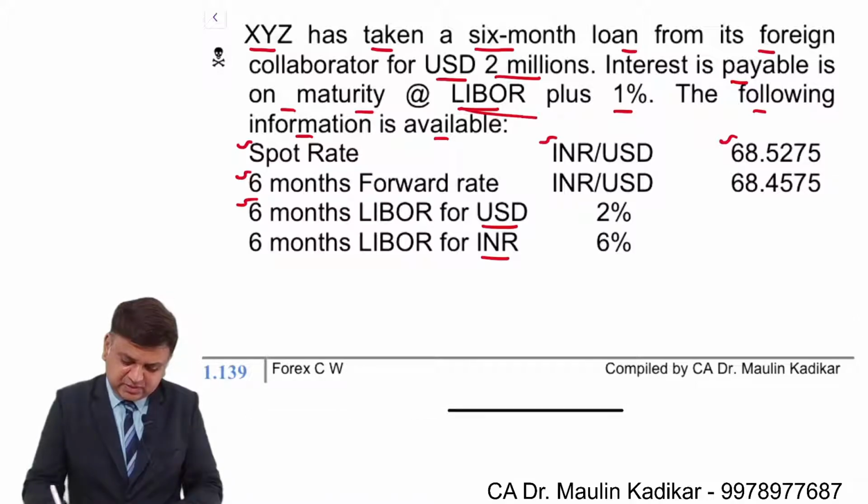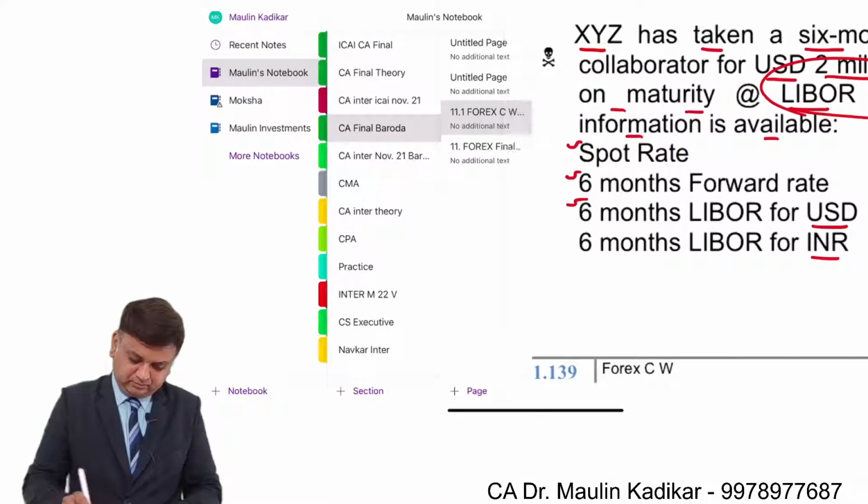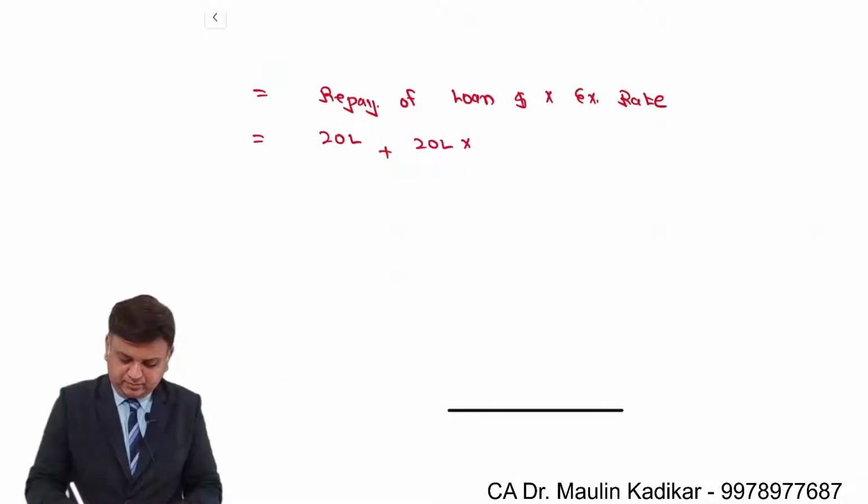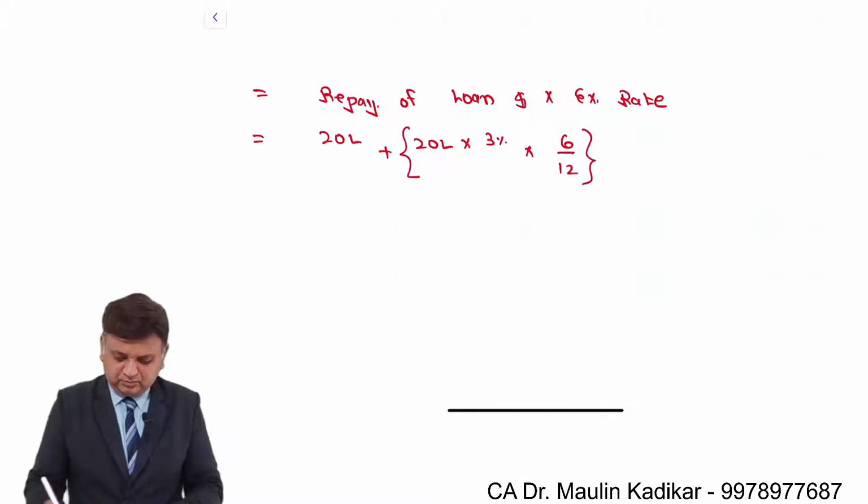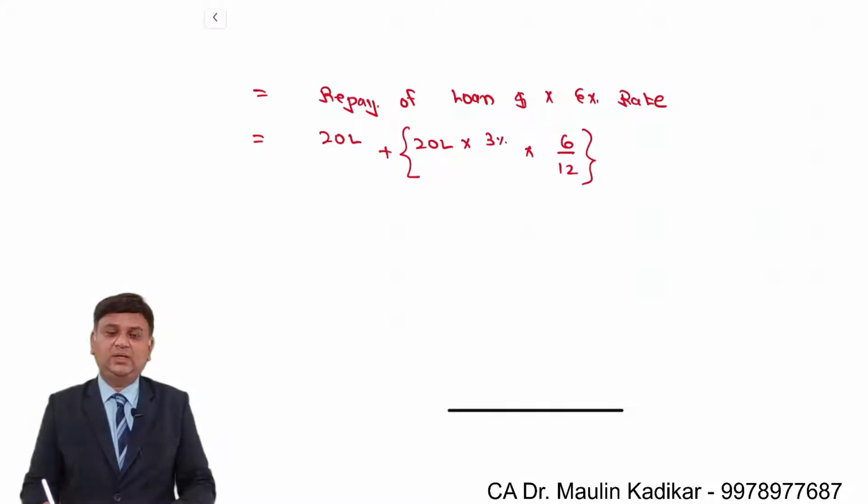Okay, LIBOR plus 1%, into 6 divided by 12, because any rate of interest is always assumed to be on a per annum basis.